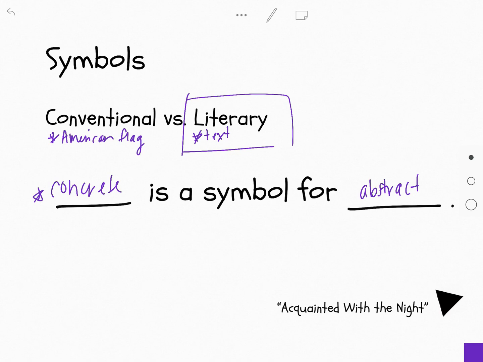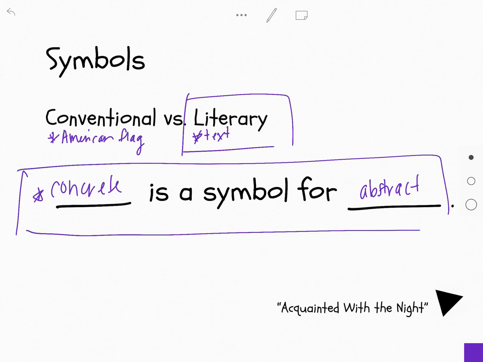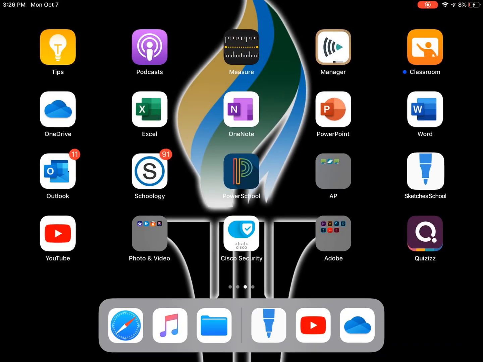But for now, the best way to think about it is that a concrete something is a symbol for something abstract. Another way to say it is that it represents something abstract. So the tree is a symbol for life, or the tree represents life, would be how we go about looking at symbols. So let's look at an example poem here.